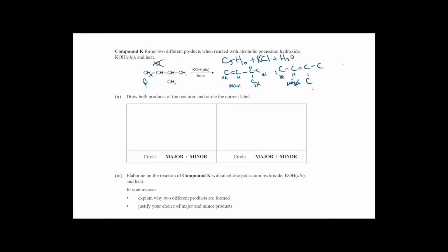This has already got enough bonds. It's going to have three hydrogen. This is going to have three hydrogen. 3, 6, 7, 8, 9, 10. Yep. So the equations balance up, but this is going to be our minor. This is going to be our major. So why is one the major and why is one the minor? The minor one.